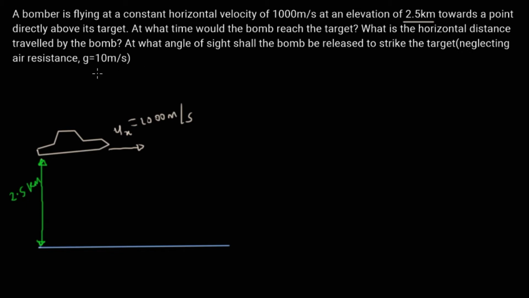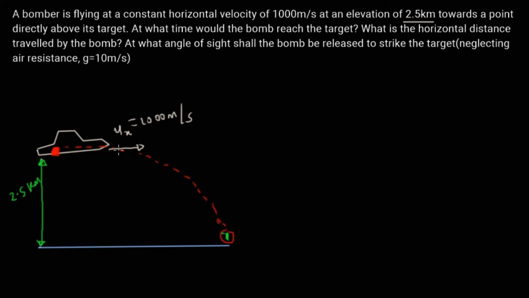Okay, it moves towards a point that is directly above its target. Of course, let's say it is moving towards this point, and this point is directly above its target. At what time would the bomb reach the target? Let's say this is the target, and if this bomber releases a bomb from this point, the bomb will move horizontally, and then it will fall vertically downwards, targeting the target.